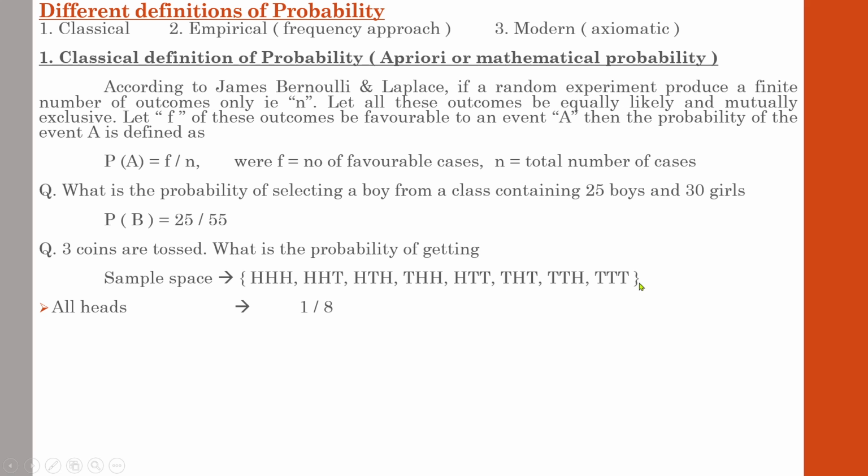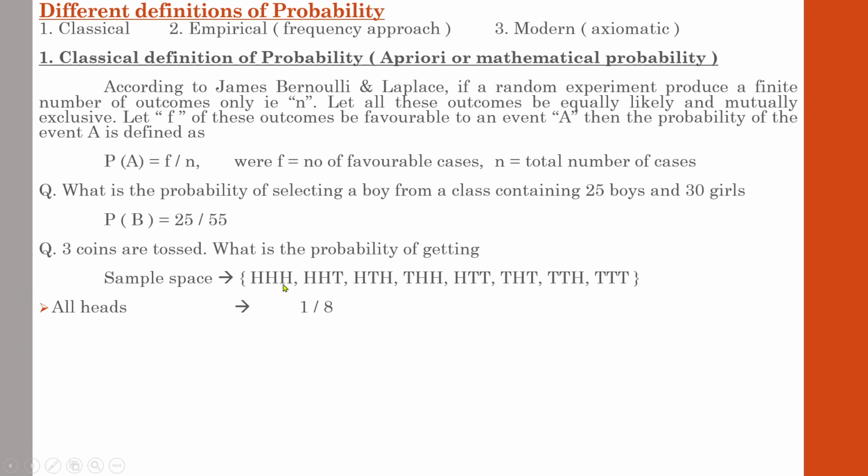See, there are 8 combinations. How many cases can you see where all the items are head? See, full tail, 2 tail, 2 tail, 2 tail, 1 tail, 1 tail, 1 tail. Finally, 3 heads. So in the question it was said all 3 heads, because the question was that 3 coins are tossed.